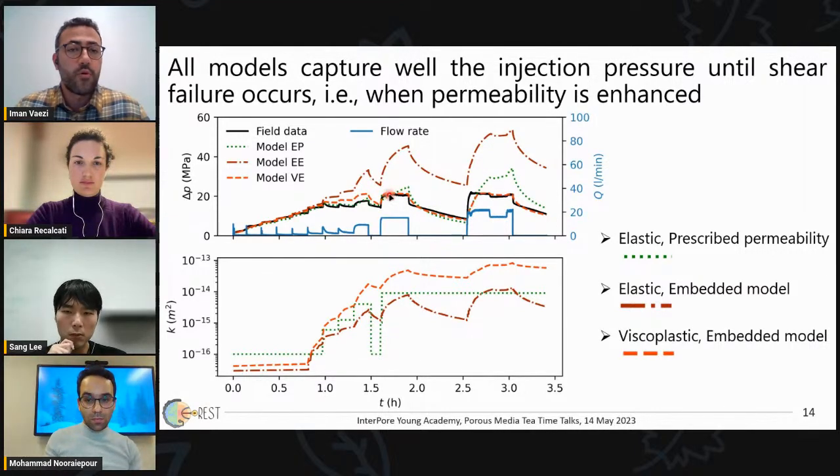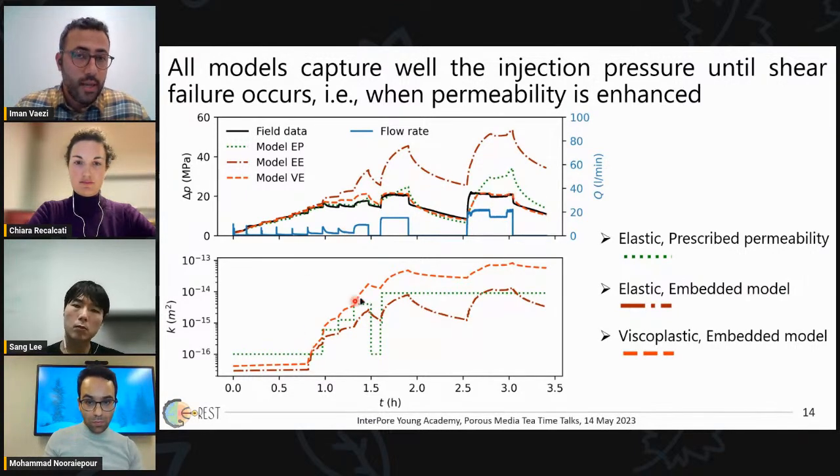Therefore, the third model, which utilizes the viscoplasticity constitutive law with dilatancy and strain softening, can reproduce the temporal evolution of generated injection overpressure of the field test better than the previous model, especially during the last injection phase.